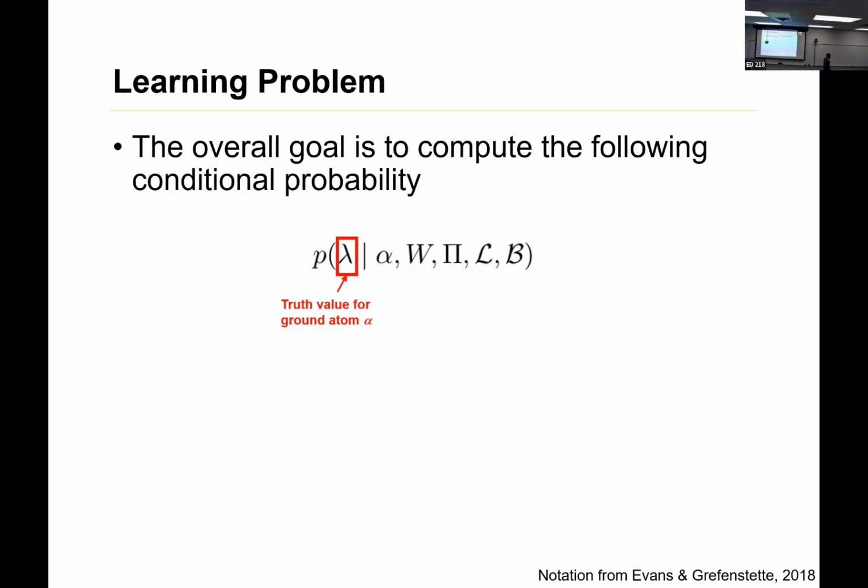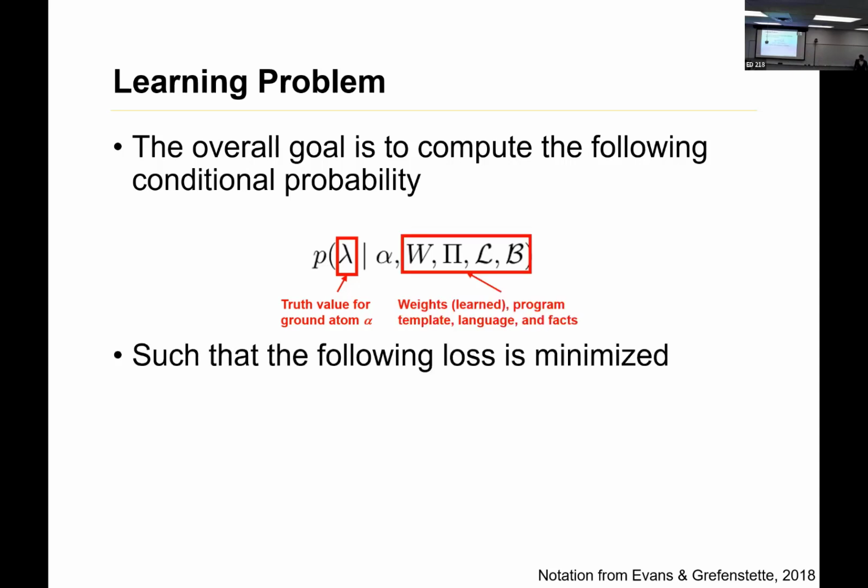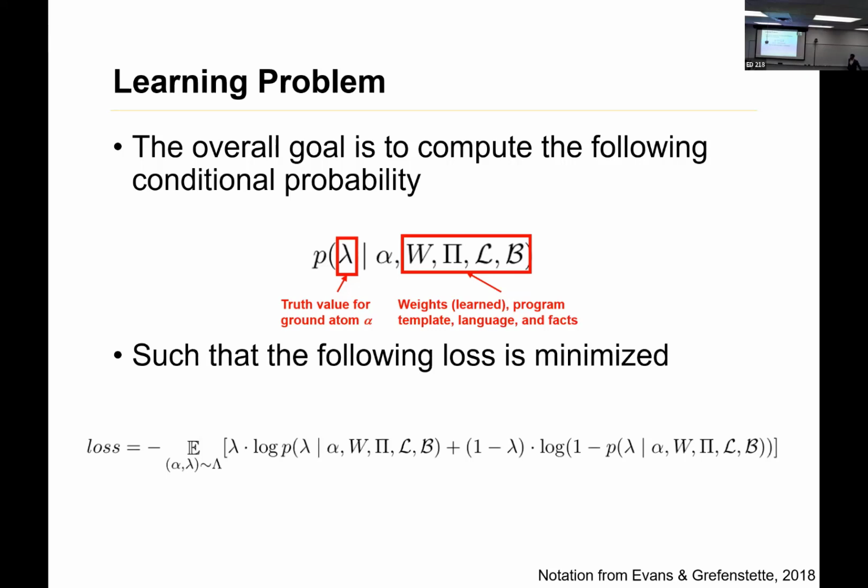Okay. So no big surprise there. And that's what those all mean, such that the following loss function is minimized. This is a cross entropy loss over the pairs of atom and value of that atom in the ground truth.